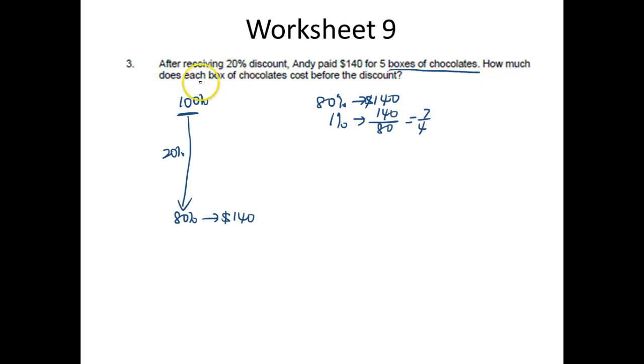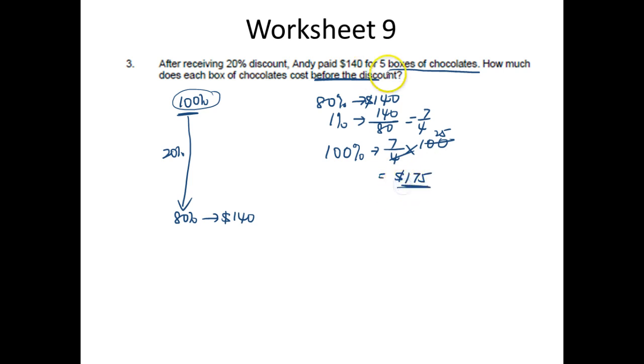How much does each box of chocolate cost before the discount? So I want to find 100%. So 7 over 4 times 100, I will get 175.